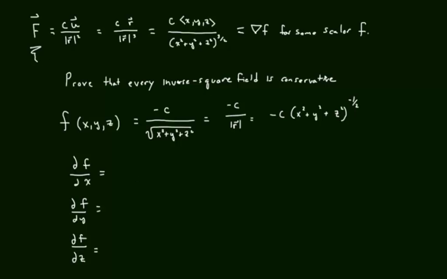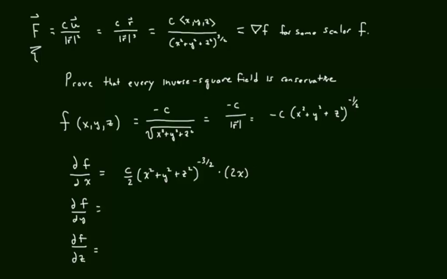So I have, bring down the 1/2, so I have c over 2, the negatives cancel, x squared plus y squared plus z squared to the negative 3/2 times the derivative of stuff, so times 2x.